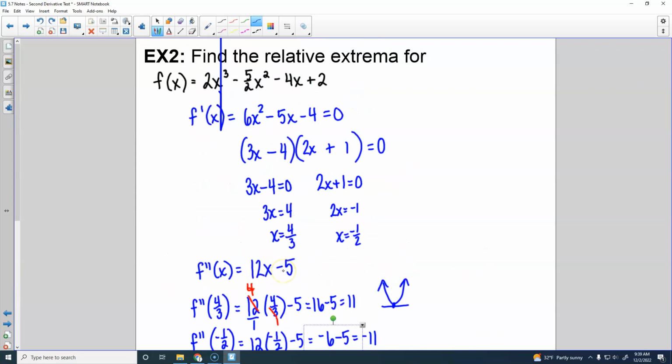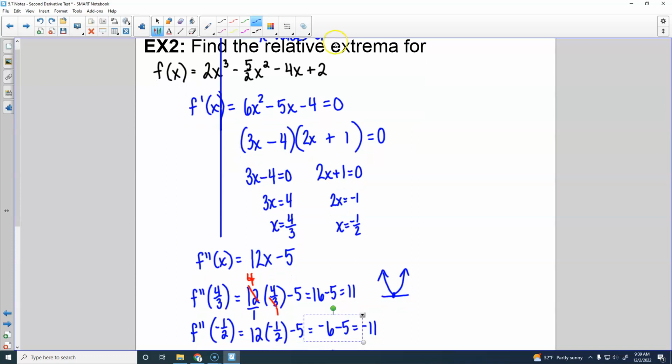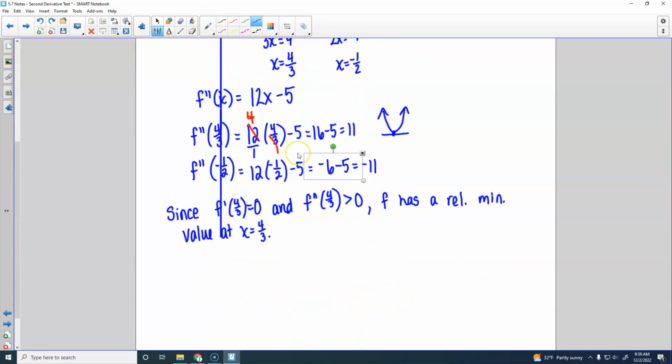And for the sake of time, let's find the x values of relative extrema. You would just plug that back in if you needed the y value if it asked for that minimum.